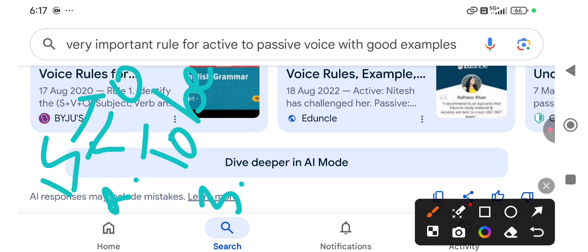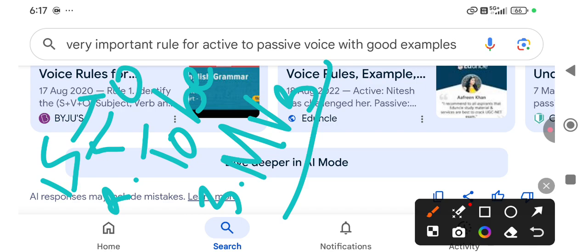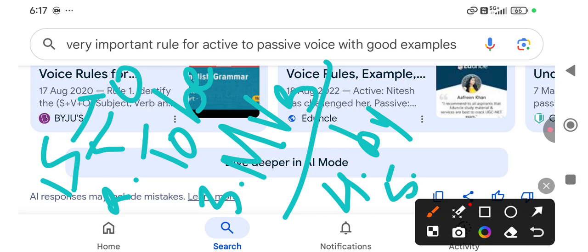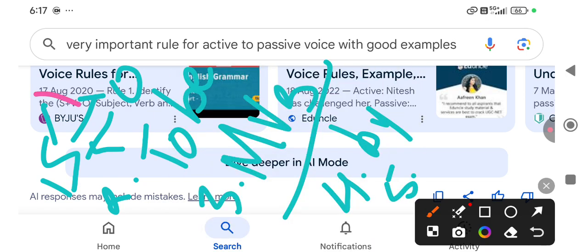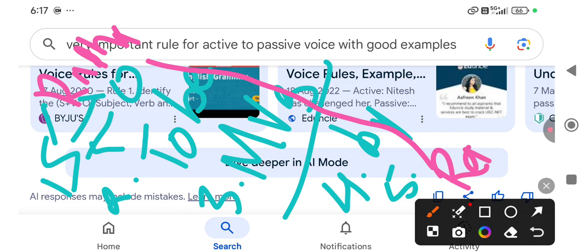And third is main verb, third form, right? That is called past participle. Fourth one is sometimes by is applicable, or sometimes not. Fifth is the same. Suppose subject is Radha, right? So that is Radha, and the same Radha will be Radha, right?